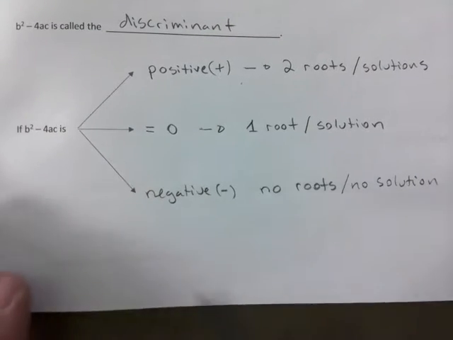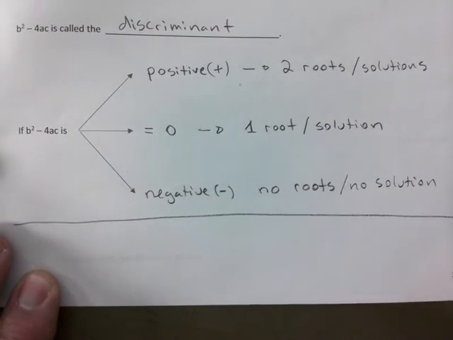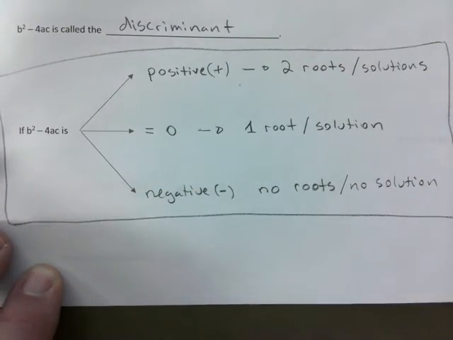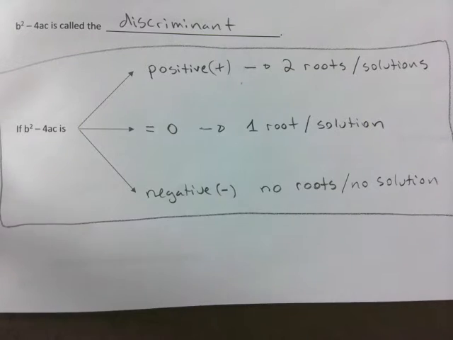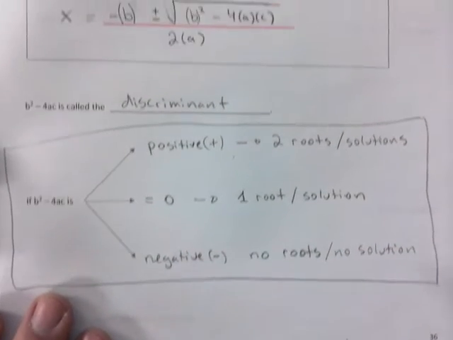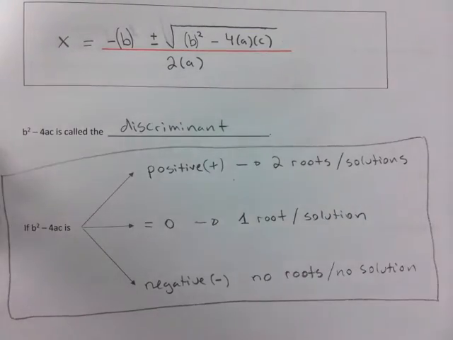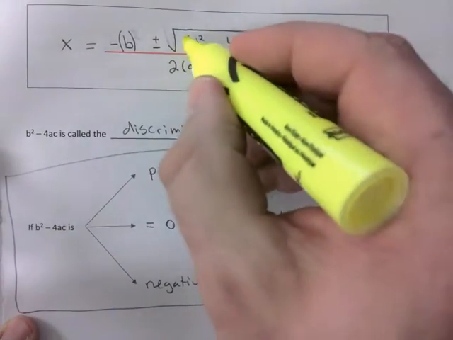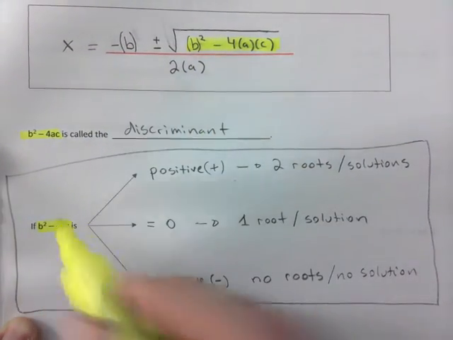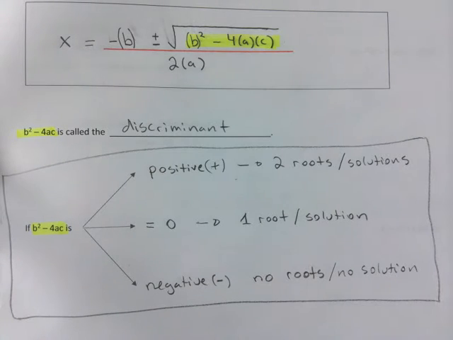So this is probably worth boxing in, but don't put it away. Just keep it there and make sure you remember that. So the discriminant can be positive, 0, or negative. What is the discriminant? Let's go back up. It's just this part right here. I will highlight the inside like this and make sure it shows up here and there. That highlighted part, just that part, is the discriminant.